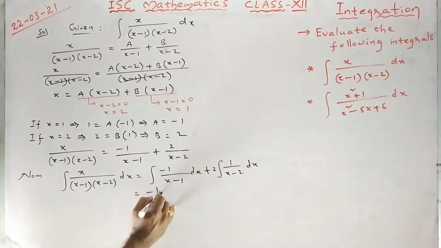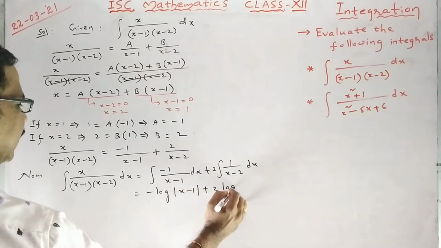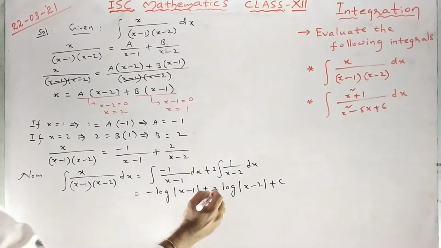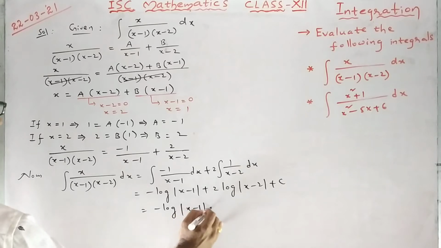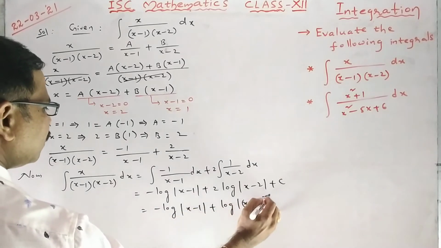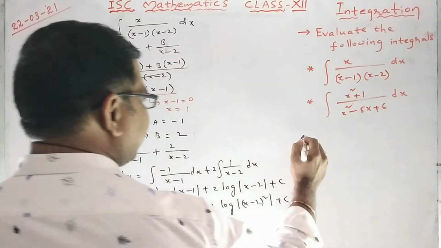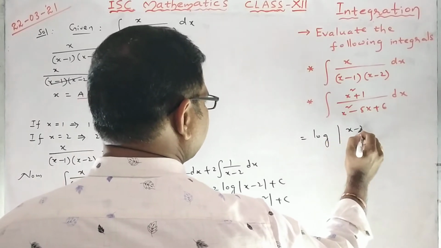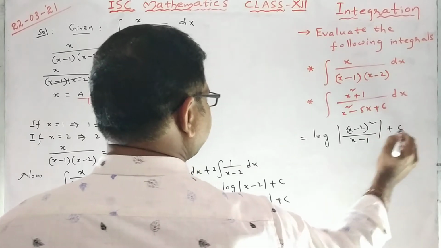If you write the integration: minus log mod (x minus 1) plus 2 times log mod (x minus 2) plus c. First 2 send it: minus log mod (x minus 1) plus log mod (x minus 2) whole square plus c. It looks like log a minus log b, so we can write log a by b plus c.